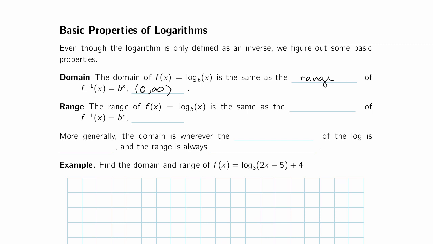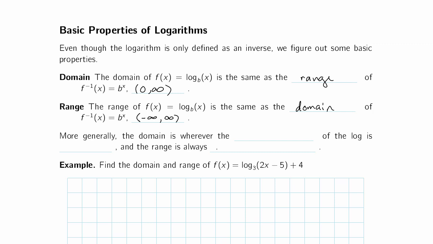And again, because it's an inverse, the range of a log function is going to be the same as the domain of an exponential. And remember, the domain of an exponential was all real numbers. So, same story with the range of a log function. So the range of a log function will always be all real numbers.